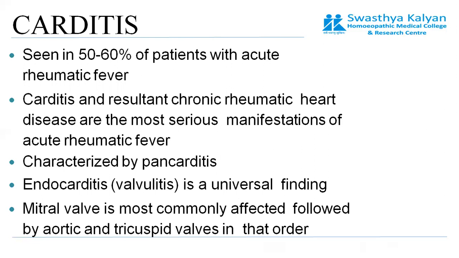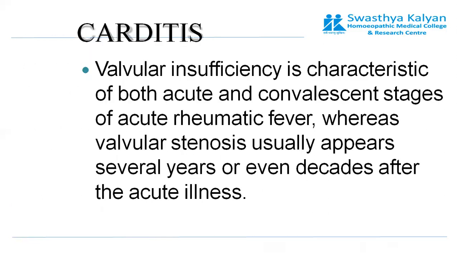So, if you remember, we have seen the valvular heart disease. One of the etiology of development of valvular heart disease was rheumatic fever. We also see valvular insufficiency in both acute and convalescent stage of acute rheumatic fever. Convalescence is the recovering stage, where valvular stenosis usually appears several years or even decades after the acute illness.